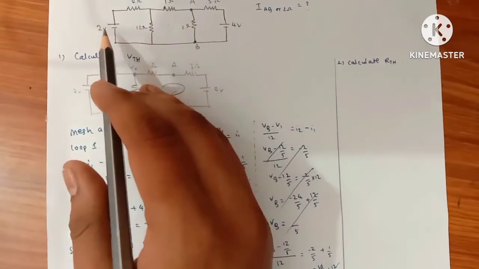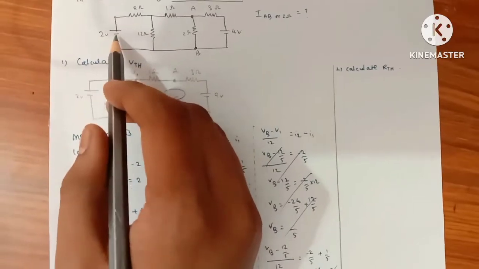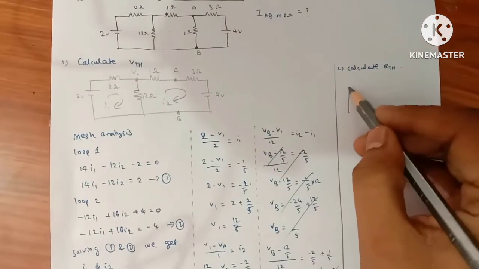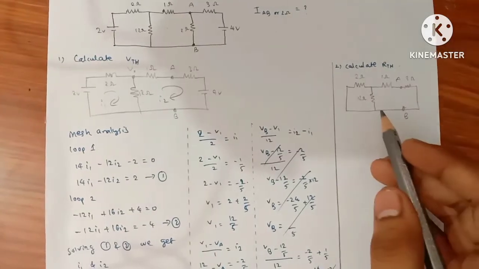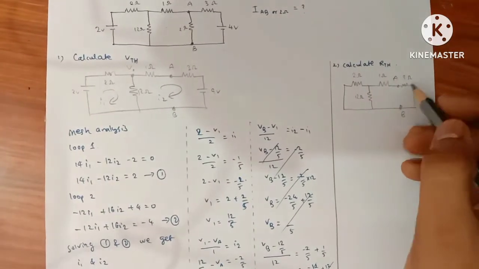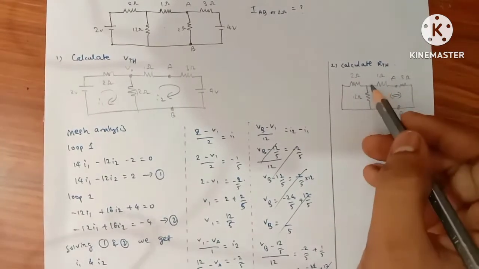If we replace with the internal resistance, then the voltage source is short circuited. Then the equivalent circuit looks like this. Here we should follow the direction like this in solving the equivalent circuit.